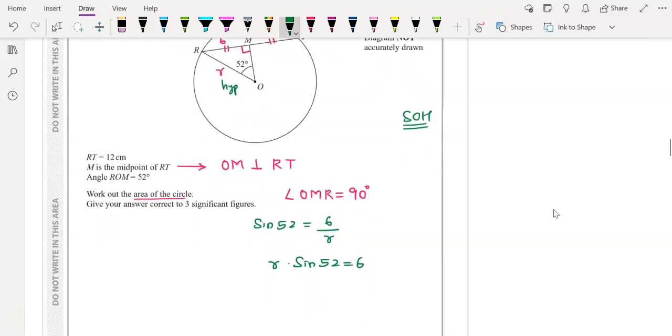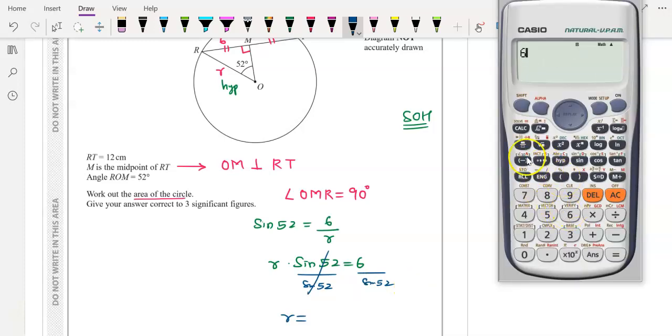Divide both sides by sine 52. So you will get R equal to 6 over sine 52. That gives me 7.614.